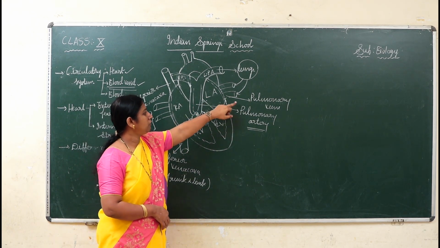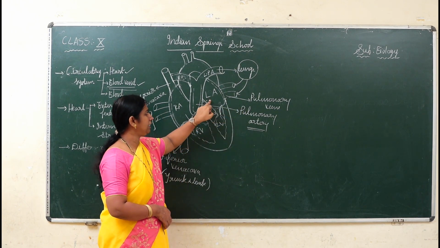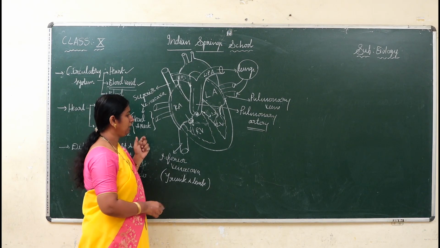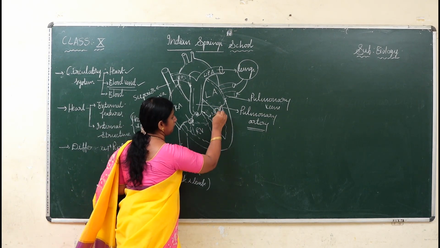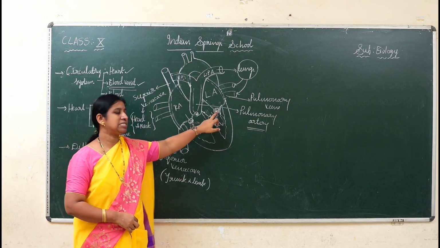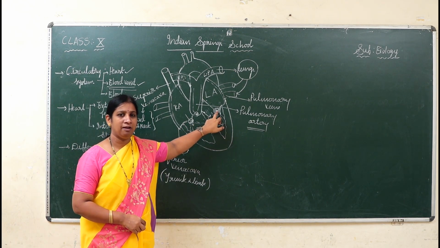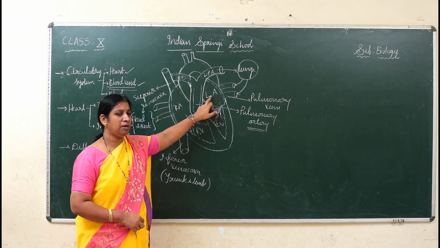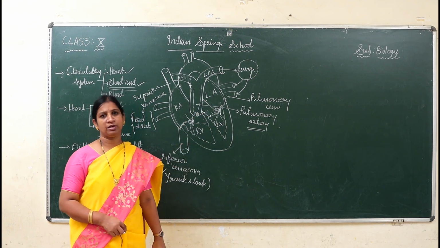So through the pulmonary veins the blood enters into the left auricle. From the left auricle, one more valve is present. This valve we call the bicuspid valve. Through the bicuspid valve the oxygenated blood enters into the left ventricle, children.